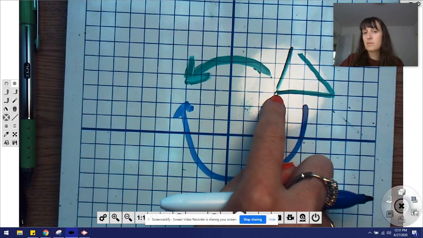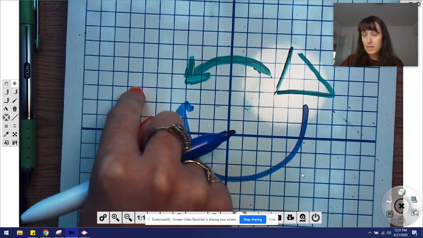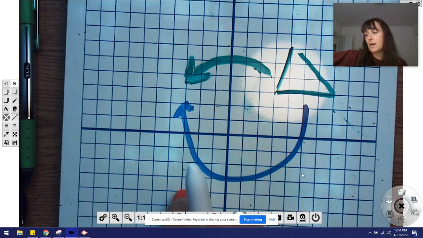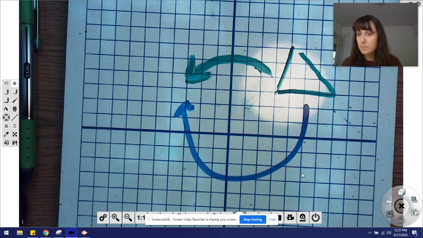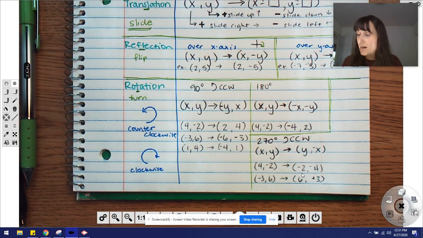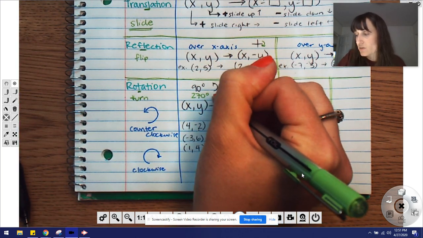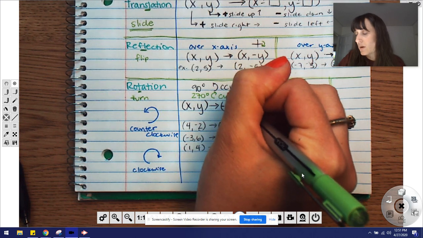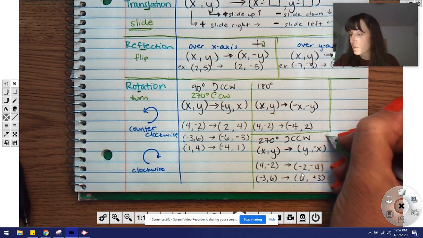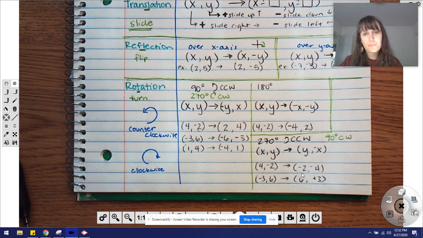So here, if I took this image and moved it one quadrant over counterclockwise, I could also take this image and twist it 3 times and end up in the same spot. So a 90-degree counterclockwise rotation is the same as a 270-degree clockwise, and a 270-degree counterclockwise rotation is the same as a 90-degree clockwise rotation.